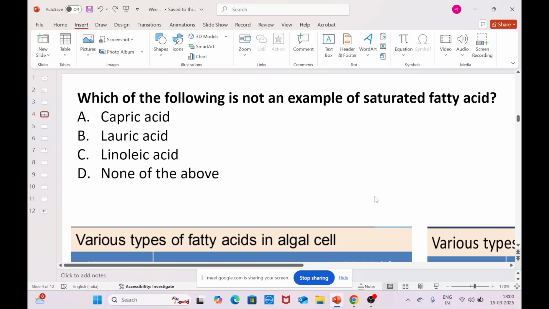Which of the following is not an example of saturated fatty acid? Capric acid, lauric acid, linoleic acid, and none of the above. So they are asking which of the following is not a saturated fatty acid. I hope everybody has an understanding of what saturated fatty acids are.